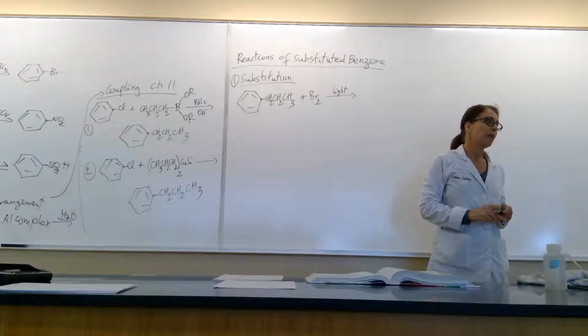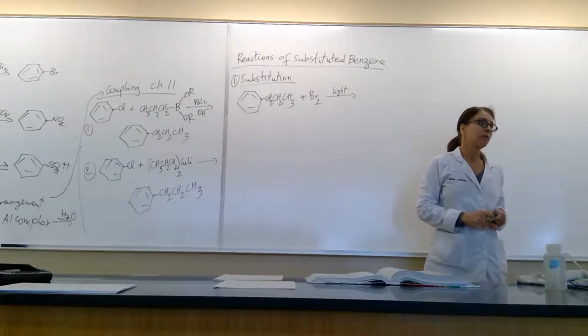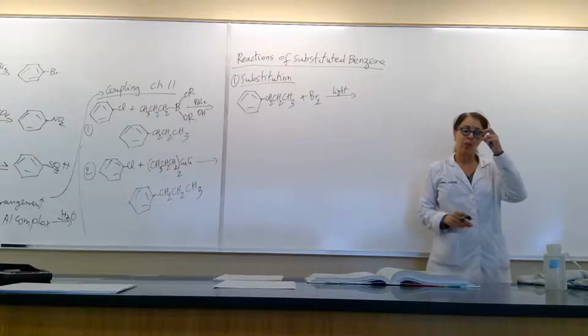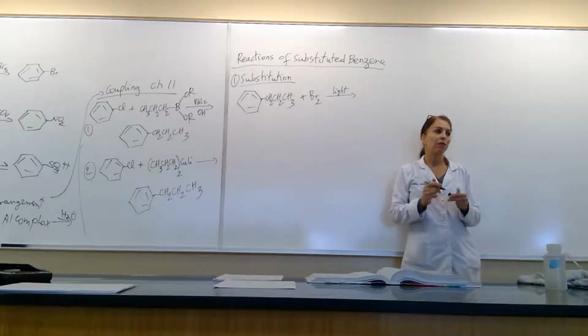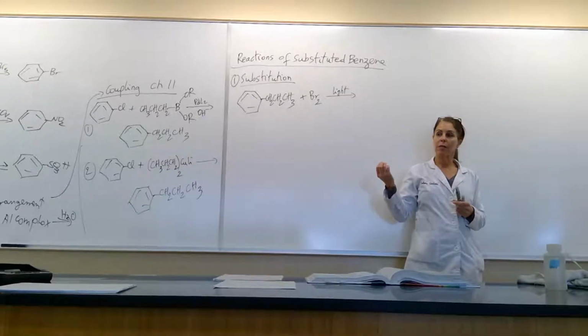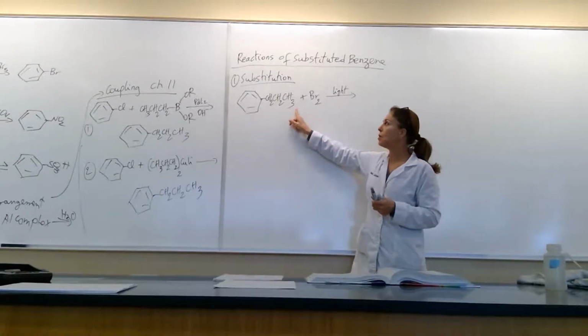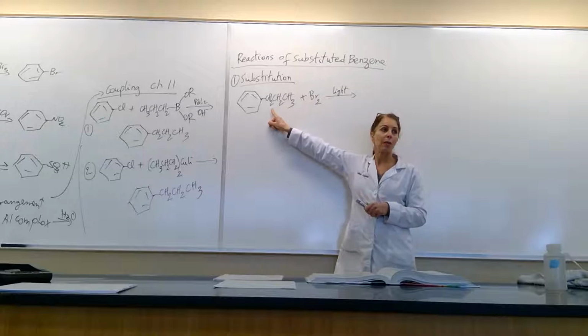Which chapter is that? Radical. So it's a radical reaction. Now, the question is, where is the radical going to form? You know how we first remove an H? The bromine will substitute an H. Which one will be removed? Is it this H, or this H, or this one?